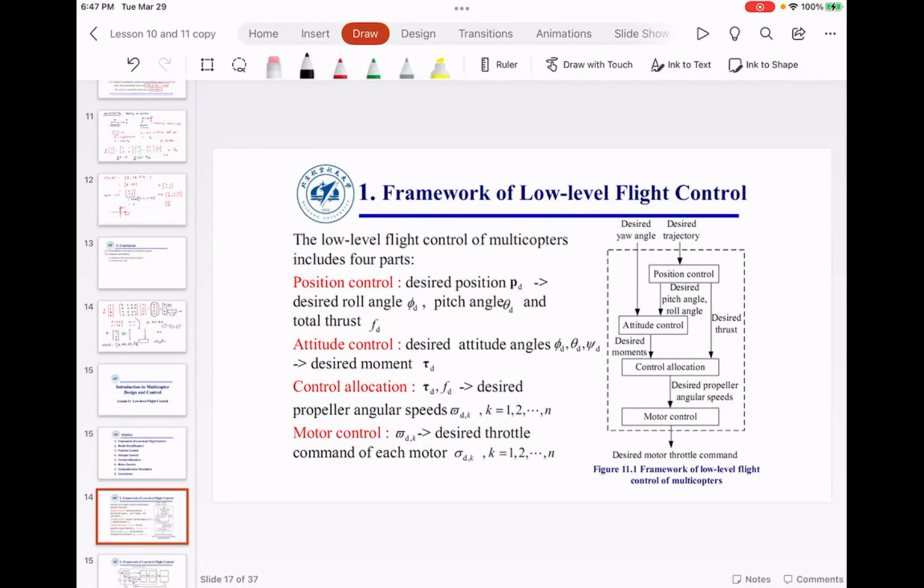Then you will find X and Y from the optical flow camera and try to navigate your Mambo to the desired X and desired Y. That is how the overall control algorithm would look.